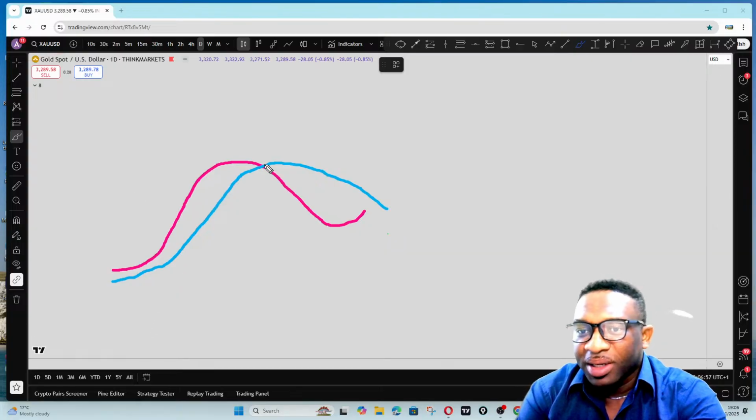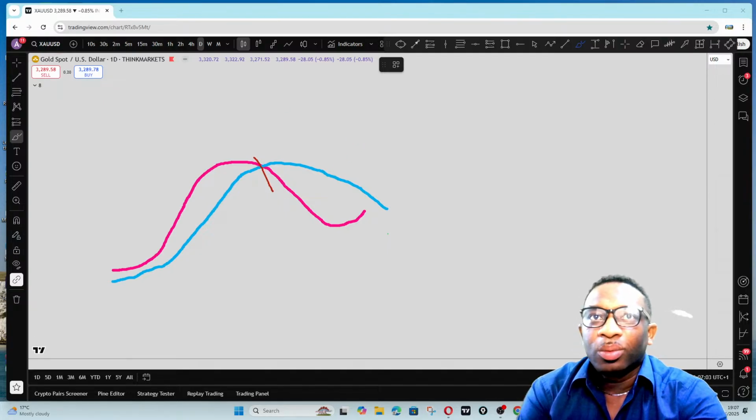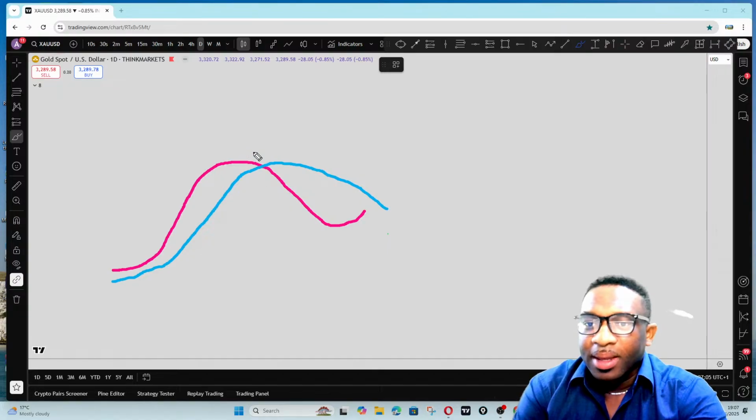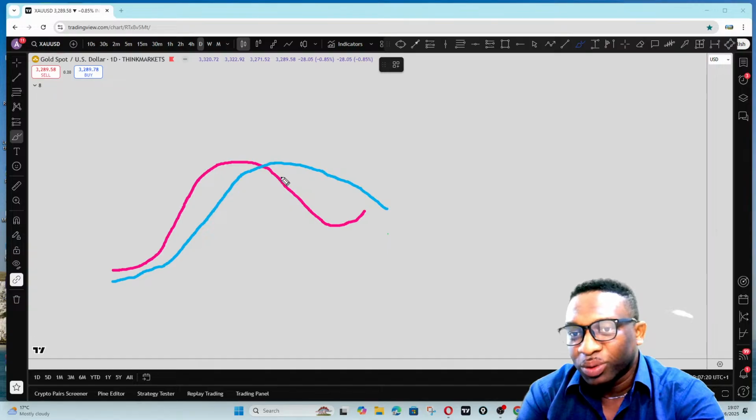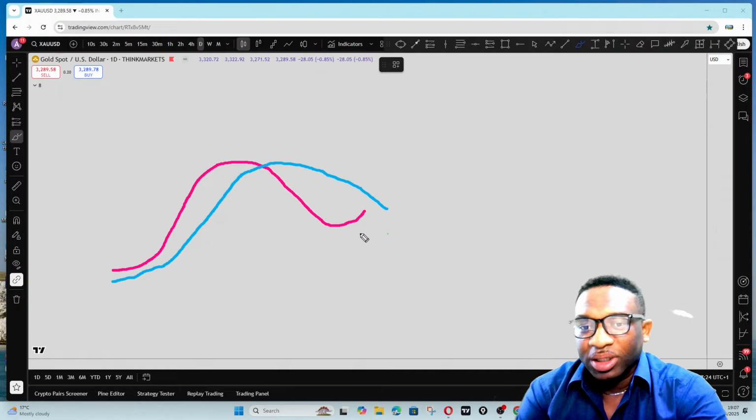Price is currently making its way below the 20 moving average, as we can see here. So once it's below the 20 moving average, I've already asked myself, where is price coming from? Price is coming from the Y state where it went high above the 20 and it's now moved below the 20, heading back down to a narrow state.